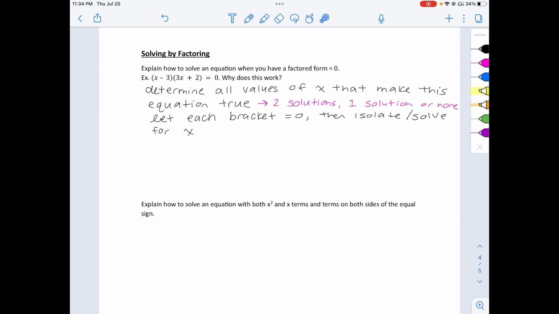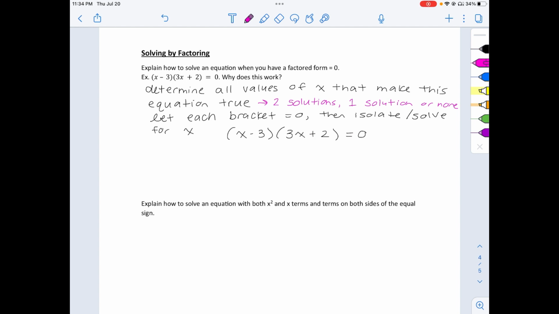So what this is going to look like is I will usually just rewrite the equation here so you can see what I'm doing, because typically I'll write this directly below when I have my factored form like this. I'm going to take this first bracket here and I'm saying x minus 3 is equal to 0.